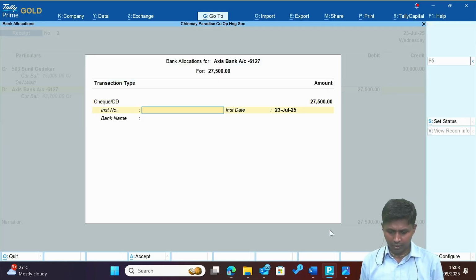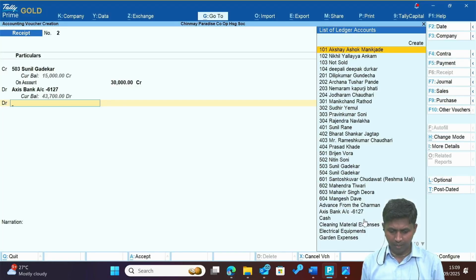Correct. And the check number is 000130. And what is the balance amount? The balance amount is the discount given by society to the flat owner for paying the full amount of the year at the beginning of the year itself.